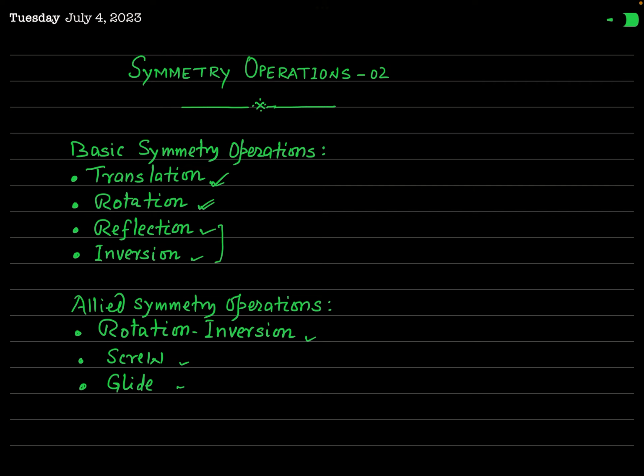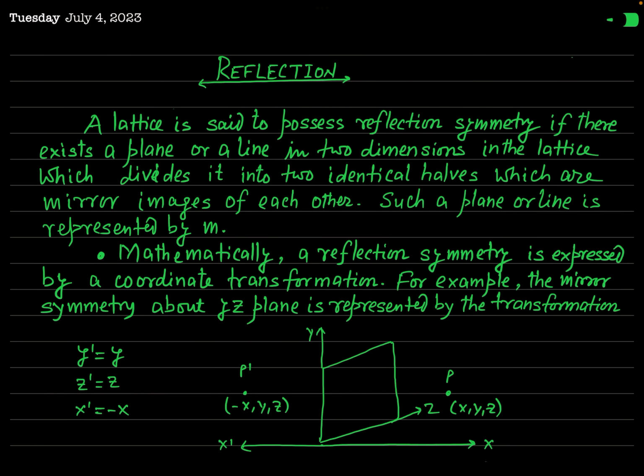Now let us first see what reflection symmetry is. A lattice is said to possess a reflection symmetry if there exists a plane, or a line in the case of two dimensions, in the lattice which divides it into two identical halves that are mirror images of each other.